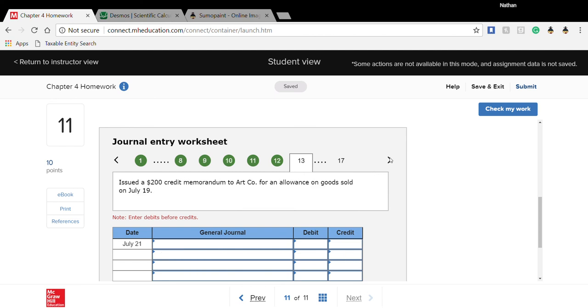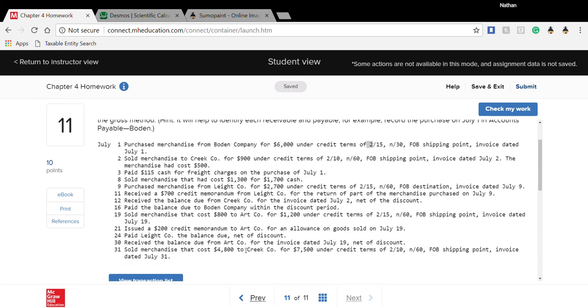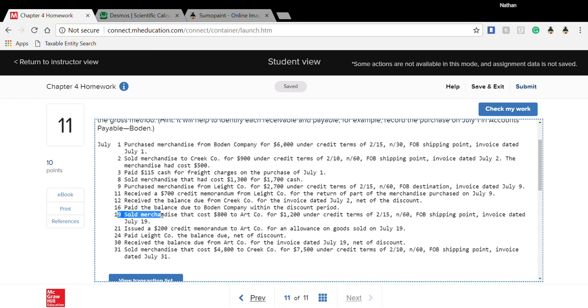Okay. Question 13, or transaction 13, journal entry 13. We've issued a $200 credit memo to Artco for an allowance of goods sold on July 19th. So this is a return. Again, this contract, if we look at it, we sold, so we're in the seller's position.